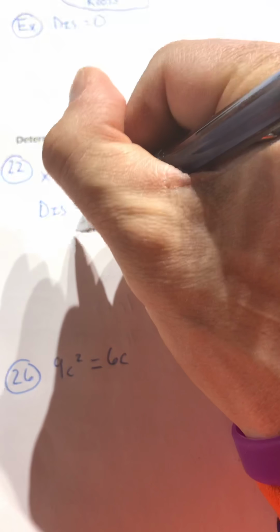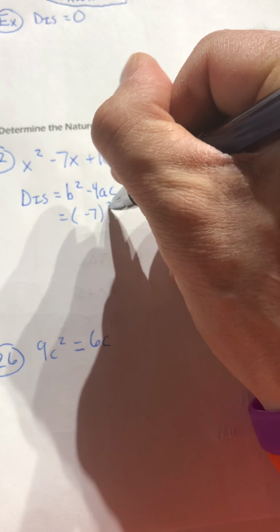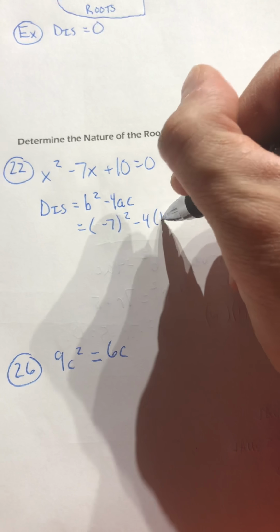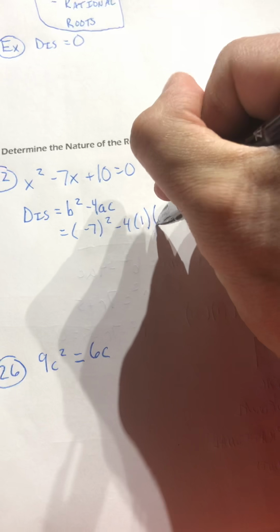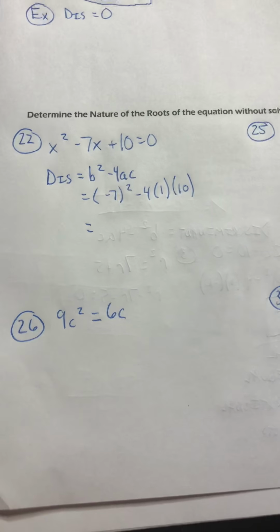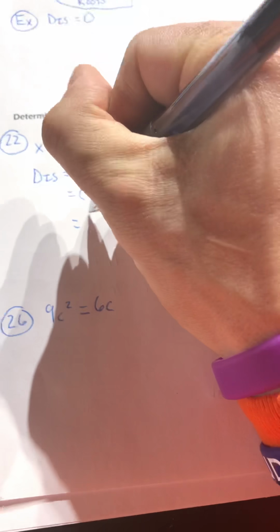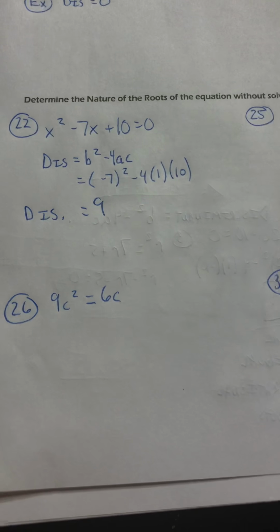So our b value is negative 7 squared minus 4 times our a value, which is in front of x squared, which is 1. Then we have our c value, which is 10. We're going to simplify that using our calculator. You can do it by hand, but check with your calculator to get 9. So the discriminant is equal to 9.